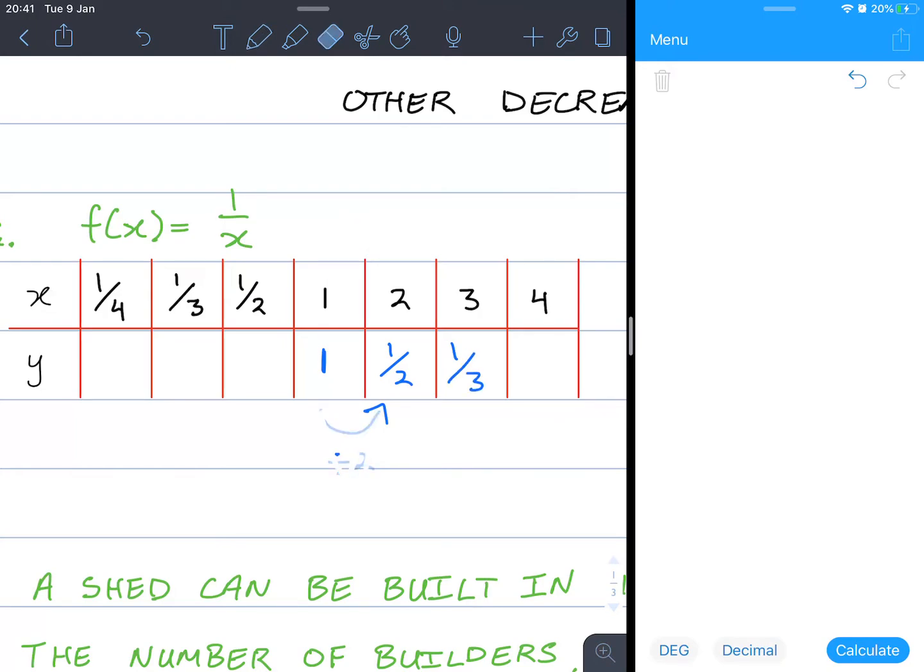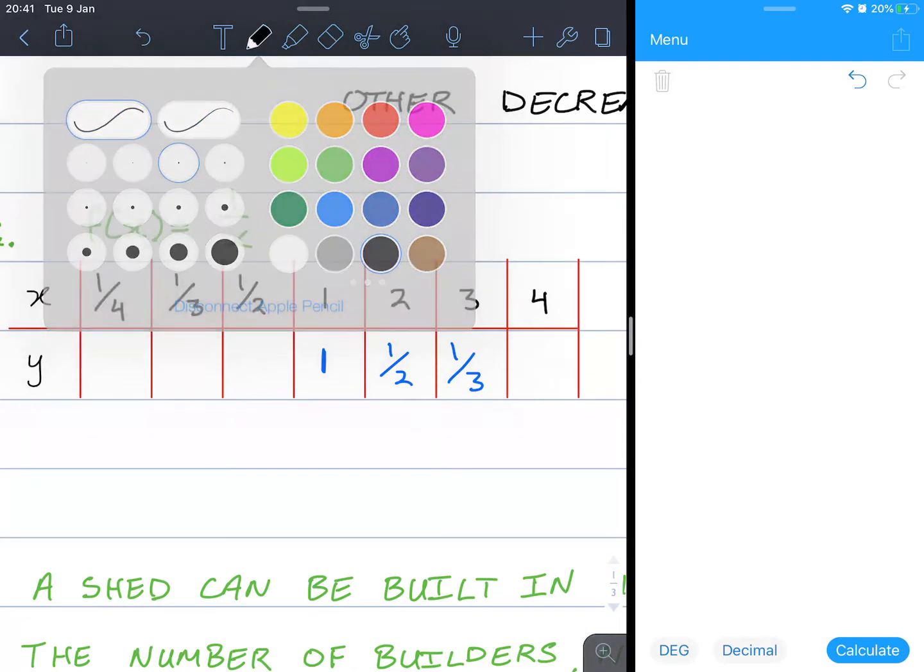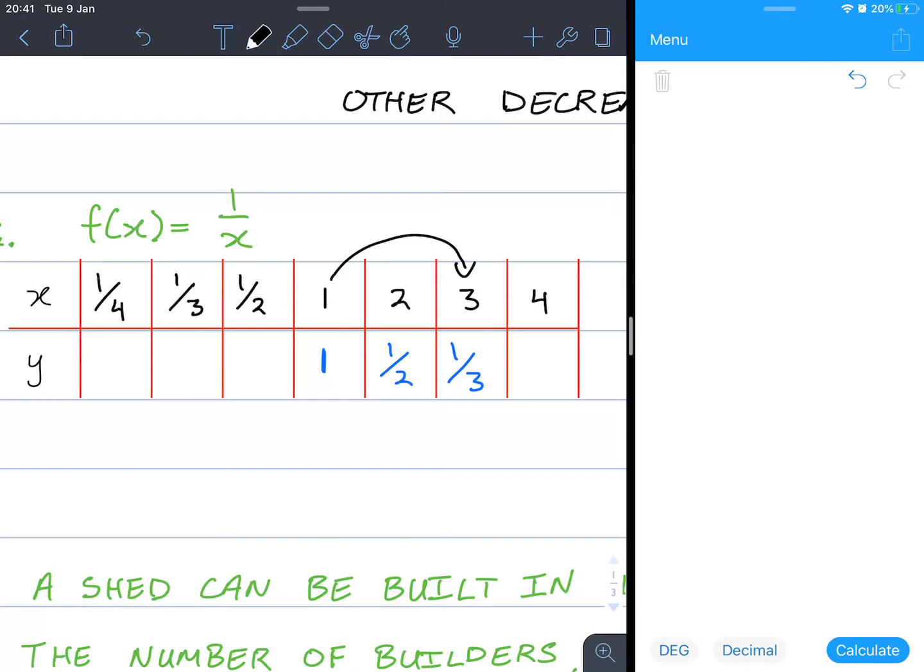Notice how with this relation, when x tripled, that's times by 3, y divided by 3. This is what it means when they're inversely proportional to each other. One more time, when x equals 4, we get y is equal to 1/4. I hope you see the pattern. That's times by 4, and this is divide by 4.